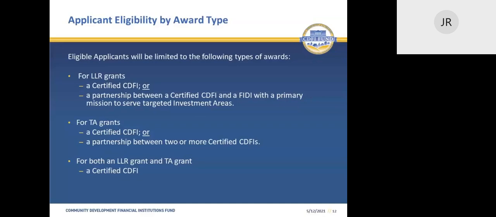For the TA grant, again, a certified CDFI applying individually or partnership between 2 or more certified CDFIs are eligible for the TA grant. And for those that are interested in applying for both a loan loss reserve grant as well as a TA grant, only certified CDFIs applying individually are eligible.